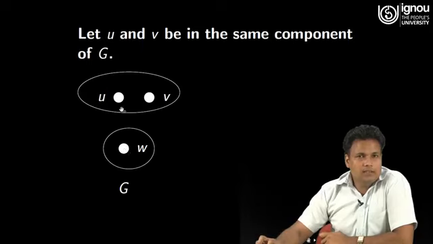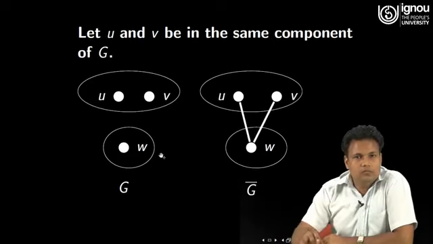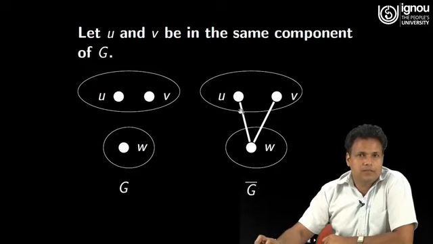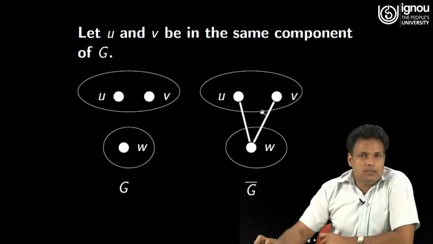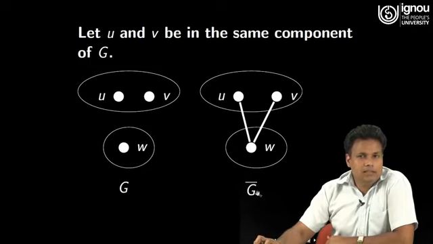Clearly, this vertex is not adjacent to U and V, and hence U and V both would be adjacent to W in G bar. So, thus in both the cases we have seen that U and V are connected by a path, which of course has length at most 2, and hence G bar is connected.